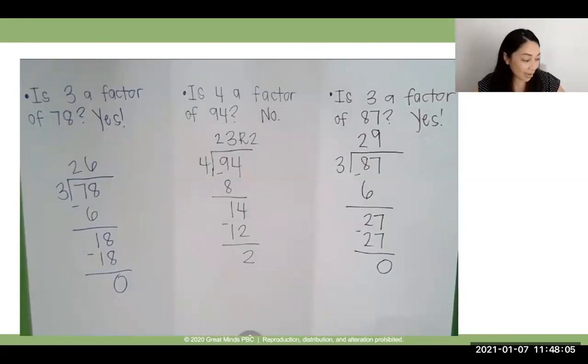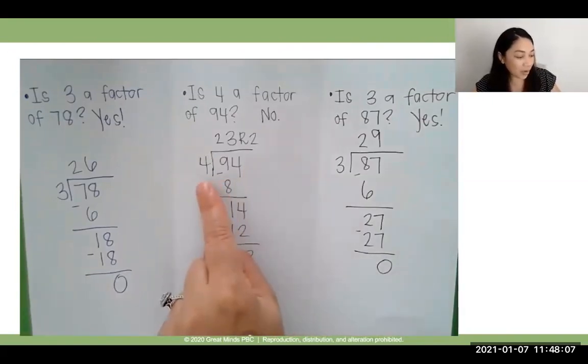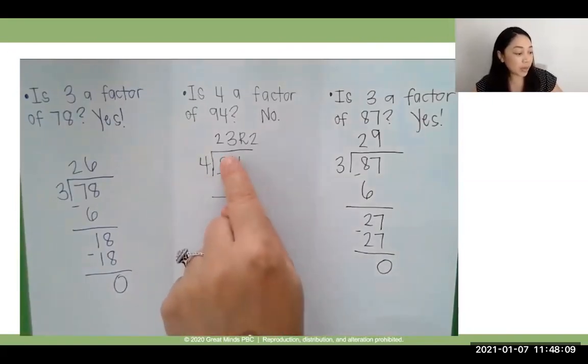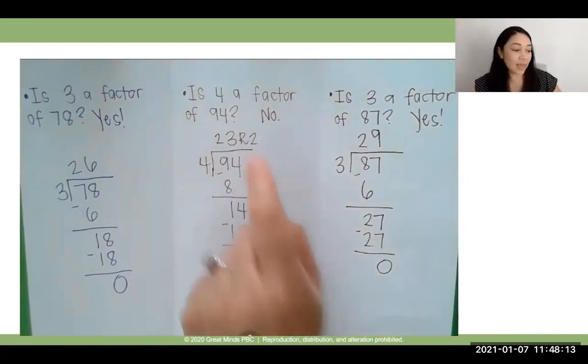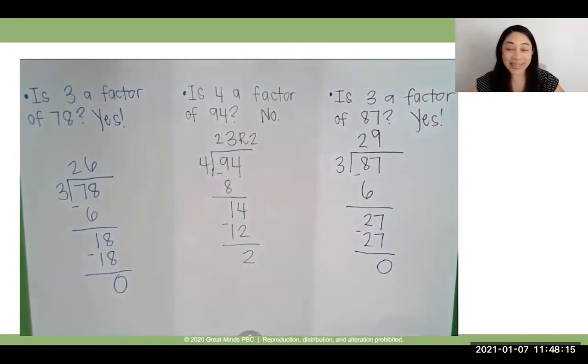When we divide 94 divided by 4, the quotient is 23. There is a remainder of 2. Is 3 a factor of 87? Yes. How do we know? When we divide 87 divided by 3, the quotient is 29 and no remainder.